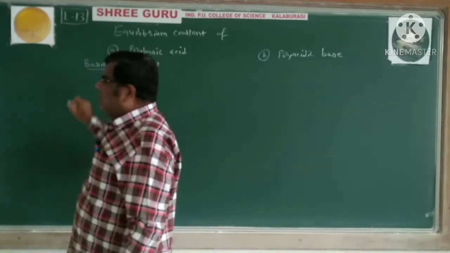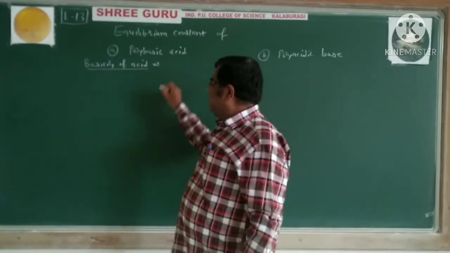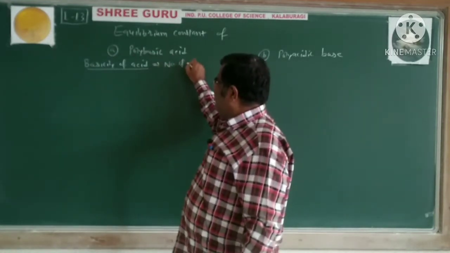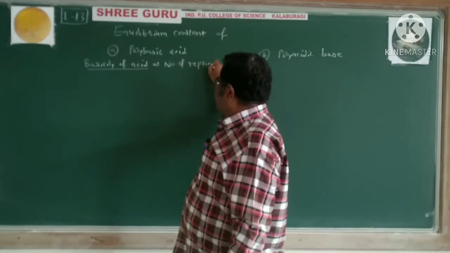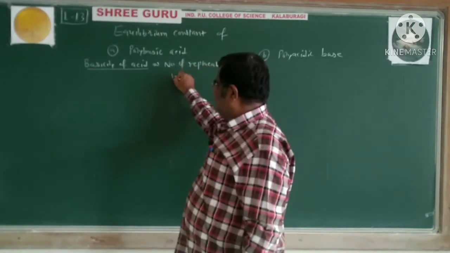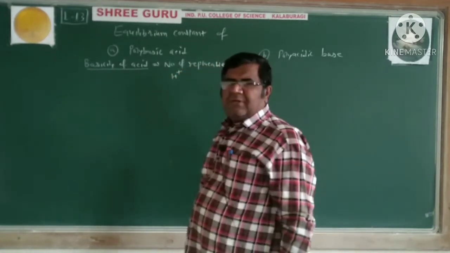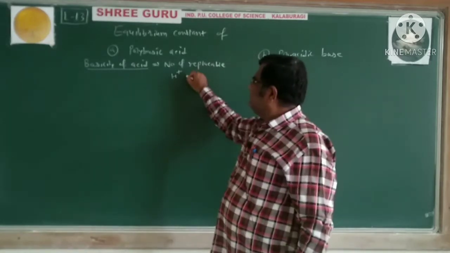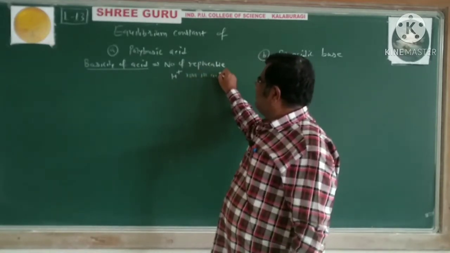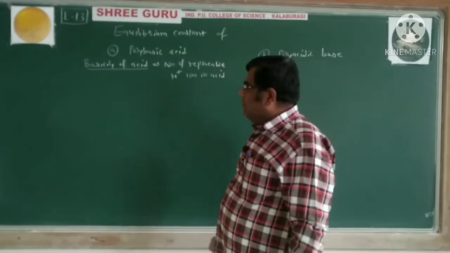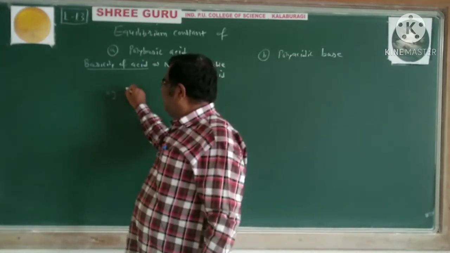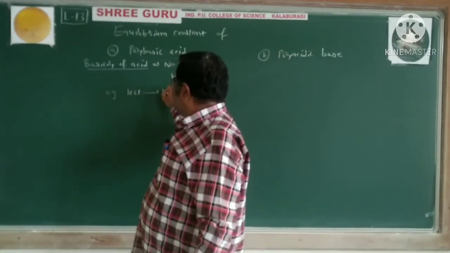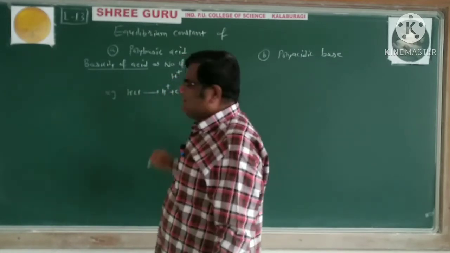So, basicity of acid is nothing but the number of replaceable H plus ions in the acid. For example, HCl gives H plus plus Cl minus.